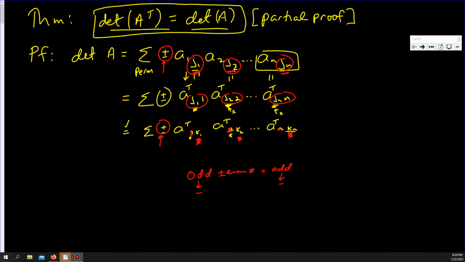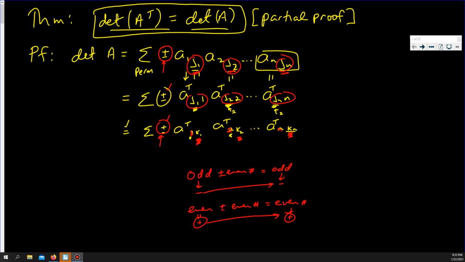Keep the negative sign. Now, if you have an even number of inversions for the J's, and you add or subtract an even number, you're still going to get an even number, which is positive. Negative stays negative, sorry, positive stays positive.